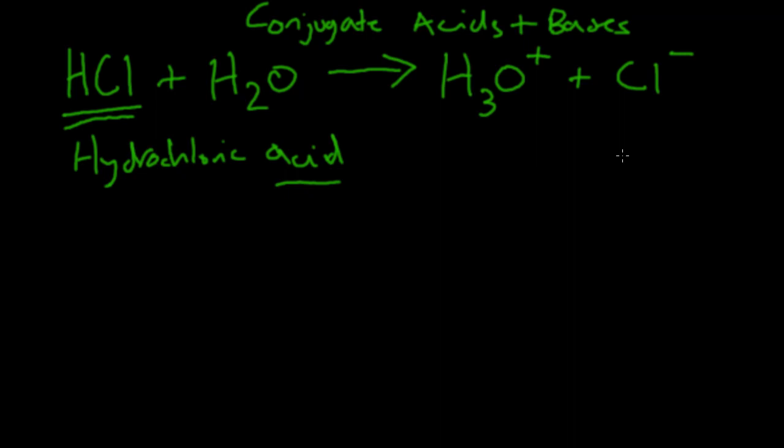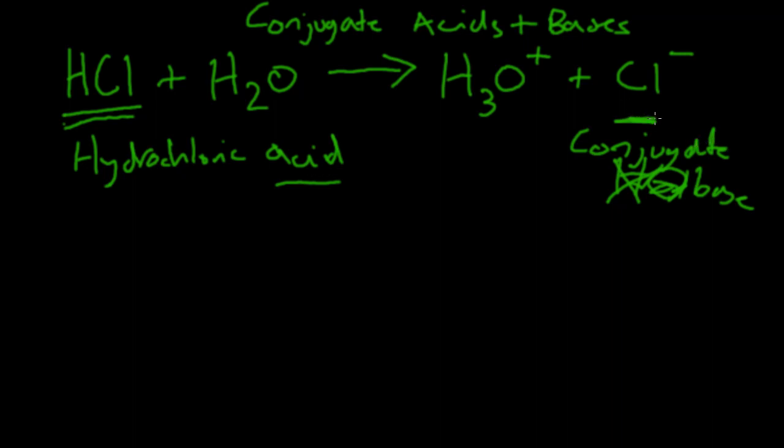So if we look over on this side of the equation, we see the Cl- ion, and that is an HCl molecule without the H. So once the molecule has given up its H+, it turns into the conjugate base. With the H+, it's an acid. Without it, it's a conjugate base.